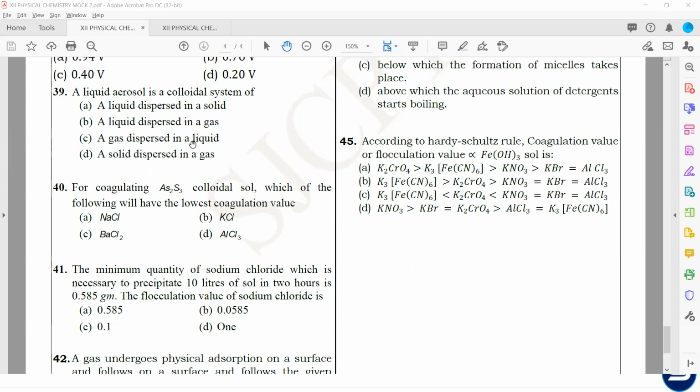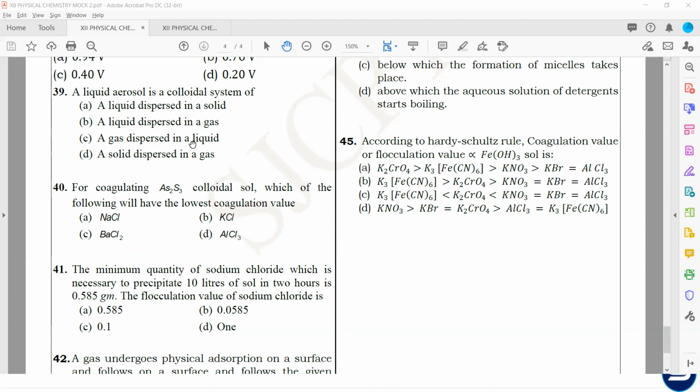Now, coagulation power पूछा होता तो फिर A or B, A no, और then B होता. Lowest coagulating power पूछा होता. ठीक है, तो coagulation power and coagulation value are both inversely proportional.